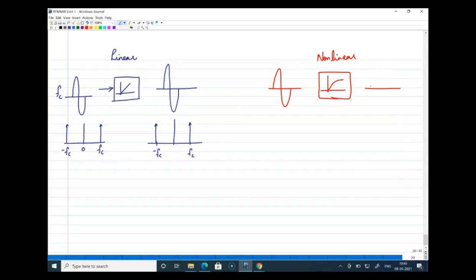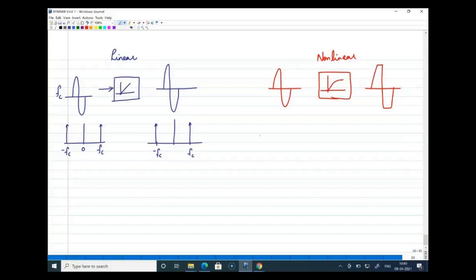That depends on several factors, but the output signal can definitely get distorted. So we need to take extreme care in applying the input signal to such a system. If your input signal is large enough, then definitely your output can get distorted.